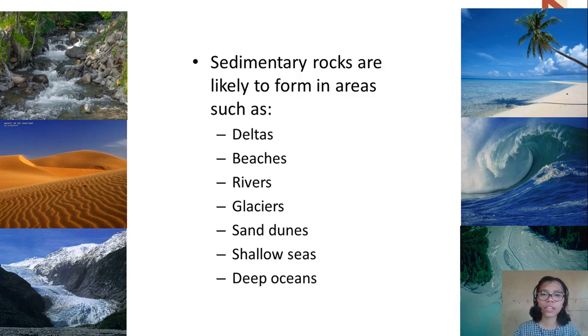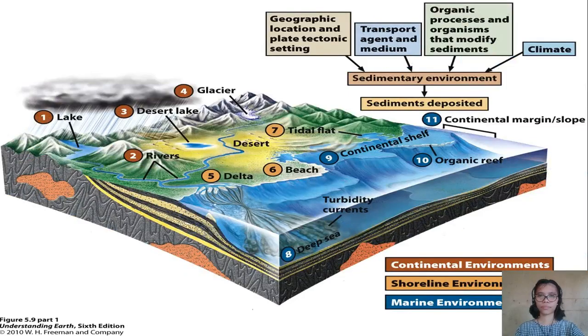Sedimentary rocks are likely to form in areas such as deltas, beaches, rivers, glaciers, sand dunes, shallow seas, and deep oceans. Okay, so in this picture, we can see the sedimentary environment.